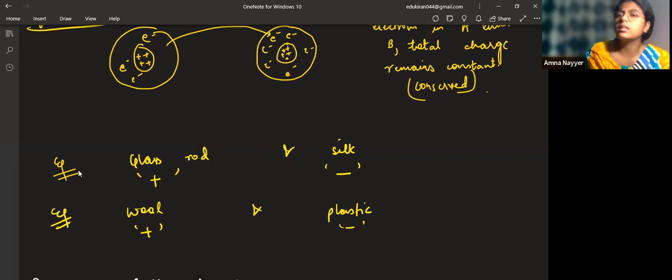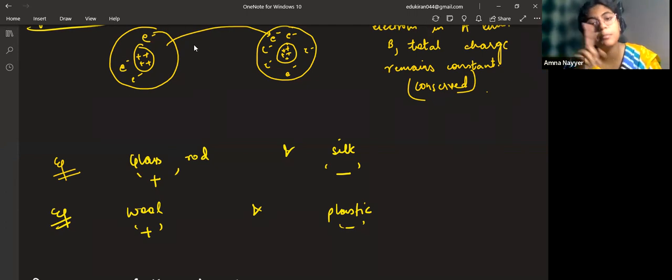These are so many objects, how much can you remember? So just remember this part. When glass rod and silk are rubbed against each other, silk is going to acquire negative charge. That means electrons are going to move from the glass rod to the silk cloth, making the silk cloth negative and the glass rod positive.